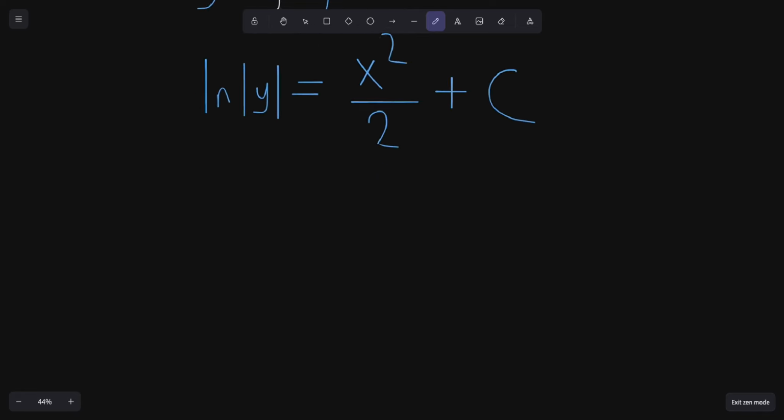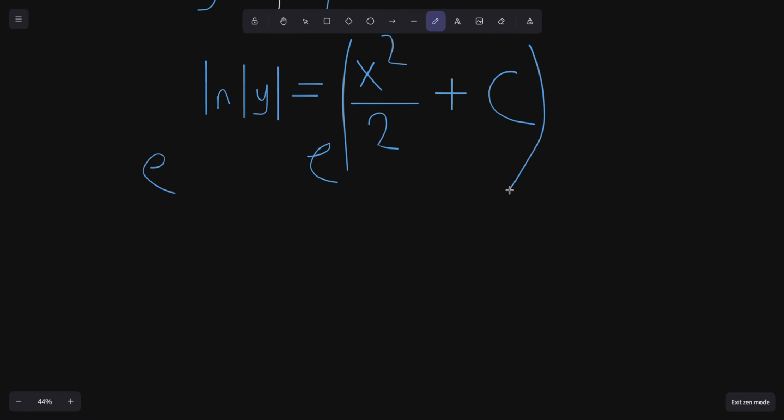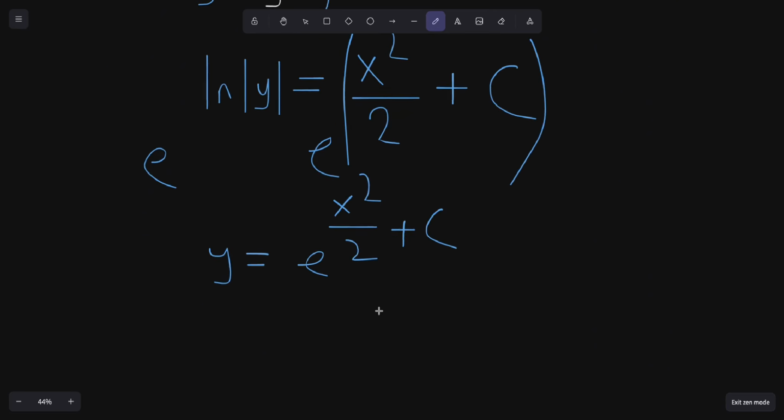And so we can solve for y. We raise both sides to the power of e. So y is going to be equal to e to the x squared over 2 plus c. Don't forget that everything is still raised to the power of e here.